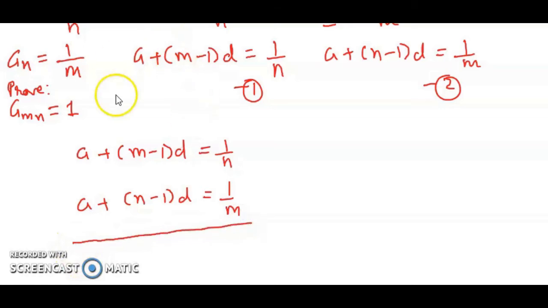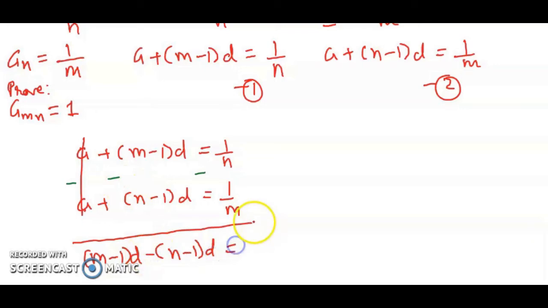Now if you do the subtraction of those two equations, then here you will get a minus a, they will be cancelled out. Now m minus 1 d minus n minus 1 d is equal to 1 upon n minus 1 upon m.